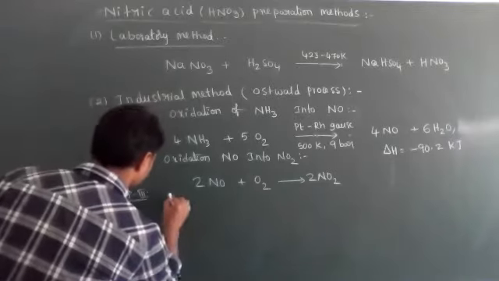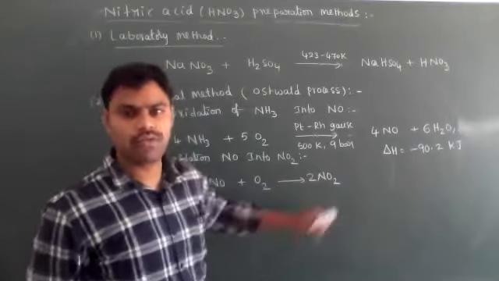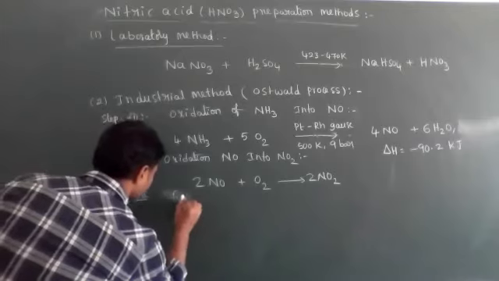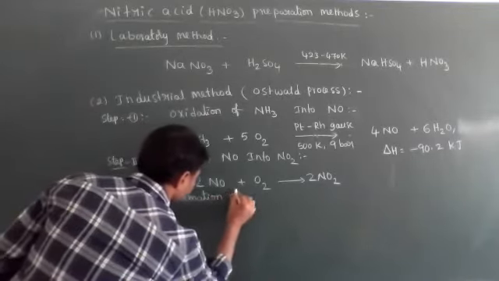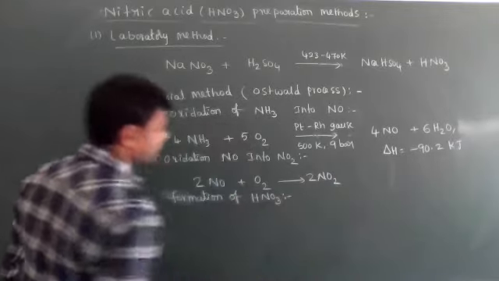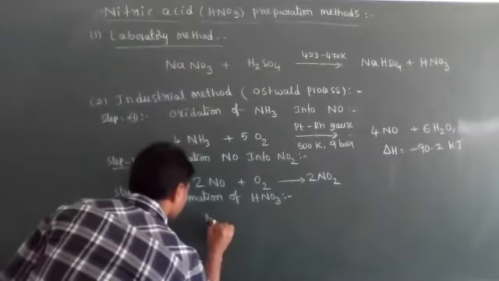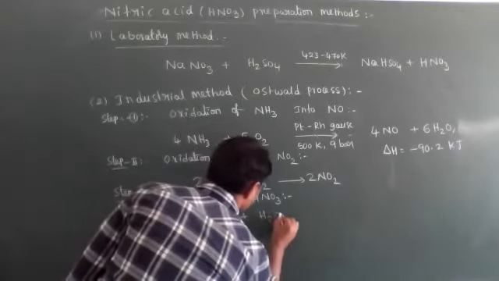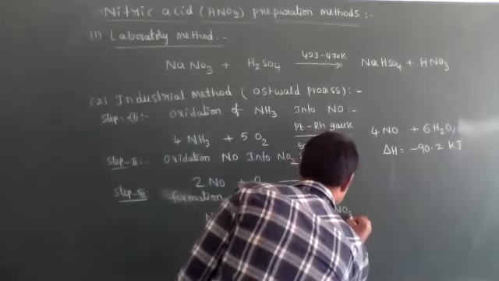Now the next step, step 3, hydrolysis of NO2, or formation of HNO3. How will that HNO3 form? NO2, nitrogen dioxide, on hydrolysis forms HNO3.